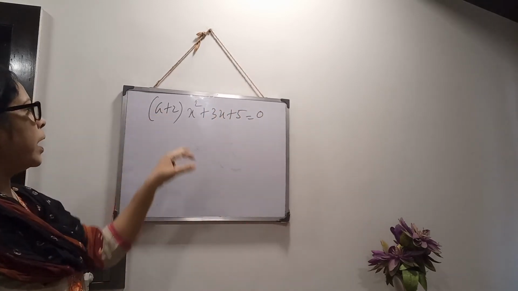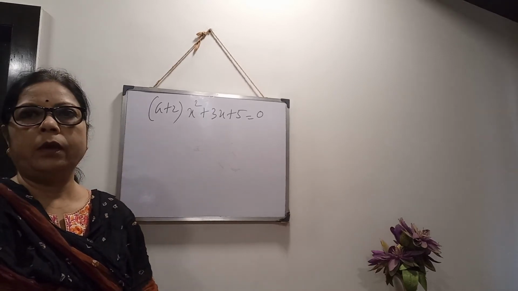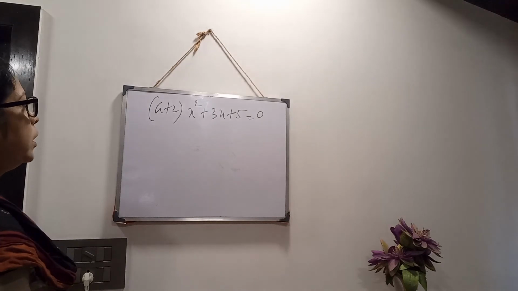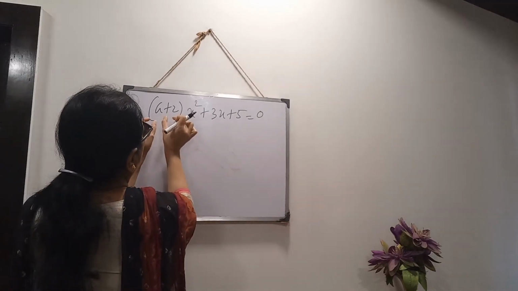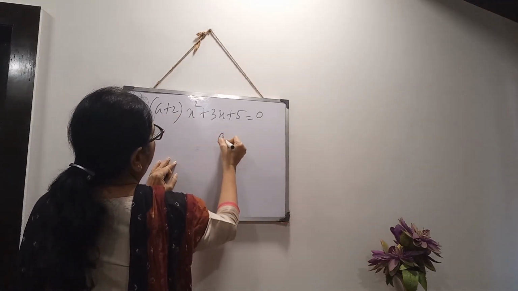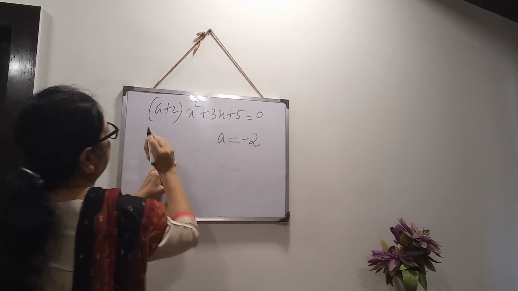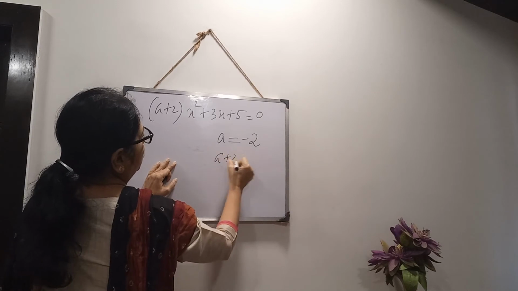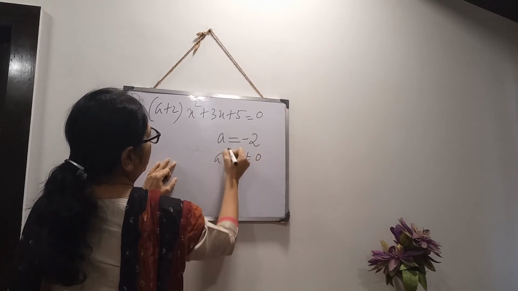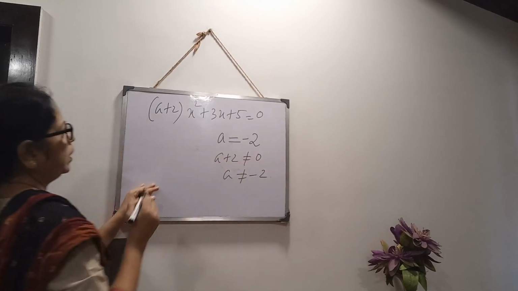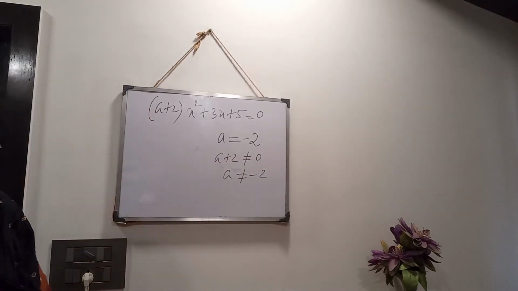The question is, under what condition is it a quadratic equation? So this term will exist. So a not equals to minus 2. That means a plus 2 not equals to 0. From here we are getting a not equals to minus 2. Clear? Your answer will be a not equals to minus 2.